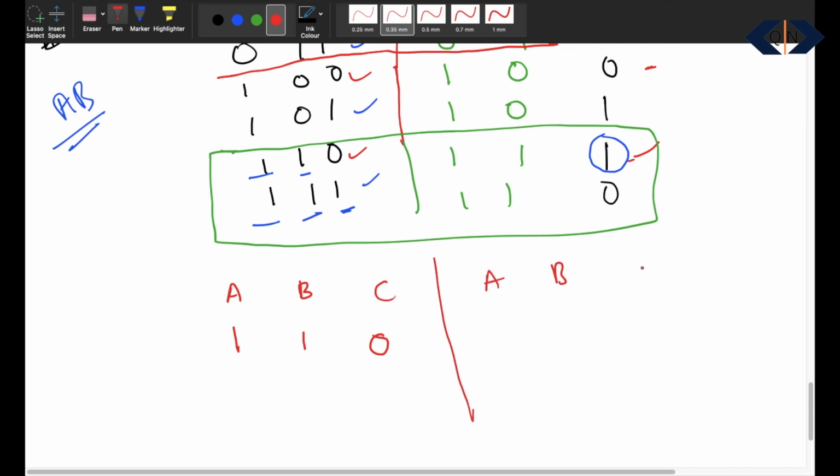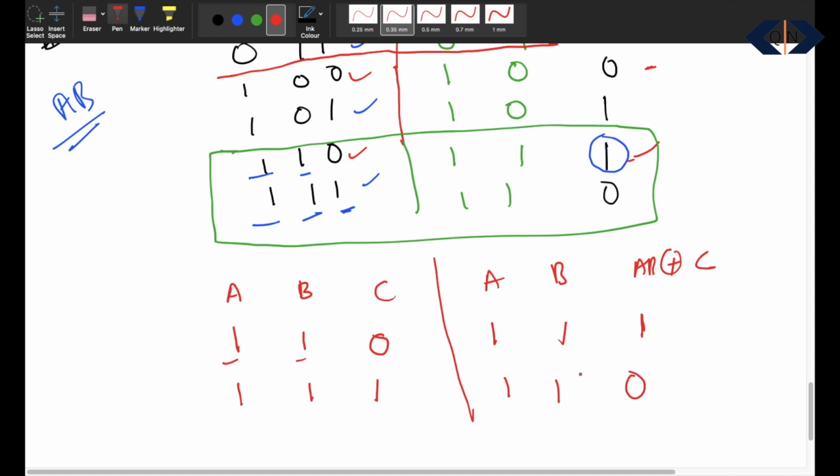A, B and AB XOR C. Now both of them are 1, then C is flipping. We are doing the NOT of C. Since C is 0, now it is becoming 1. If C is 1, then it is becoming 0.